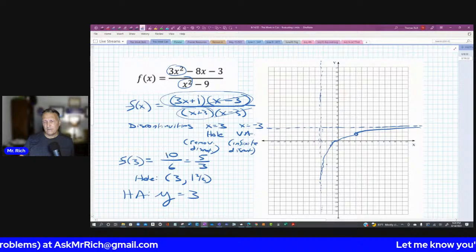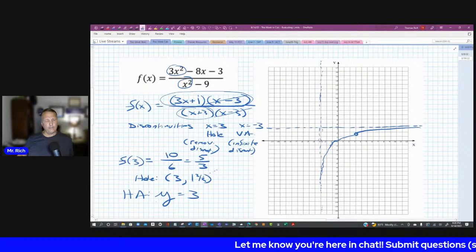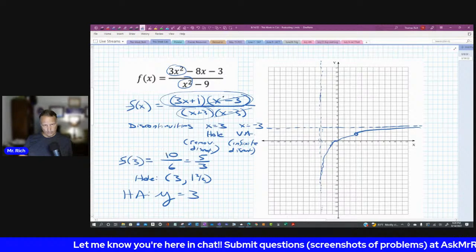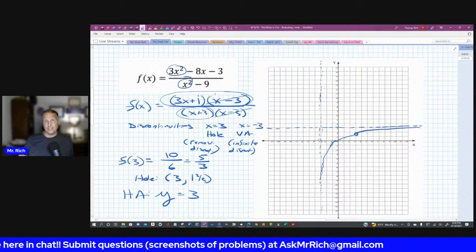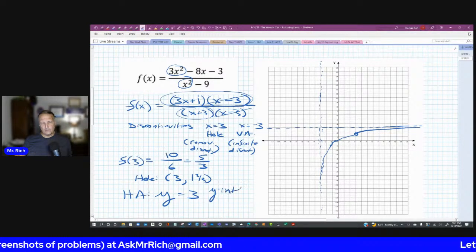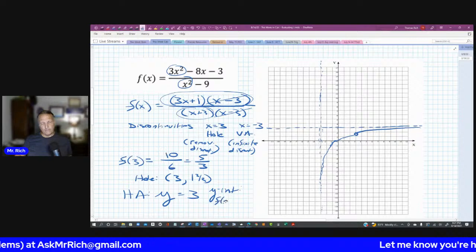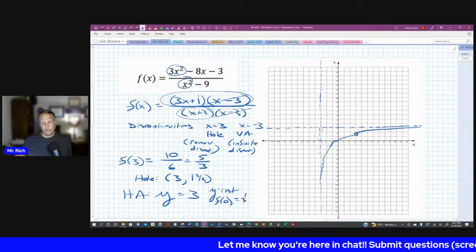So that's my location of my x-intercept. I'm setting my numerator equal to 0. Now, if I want to know where the y-intercept is, I set x equal to 0. So my y-intercept is going to be at f of 0. And f of 0 is a positive 1/3.